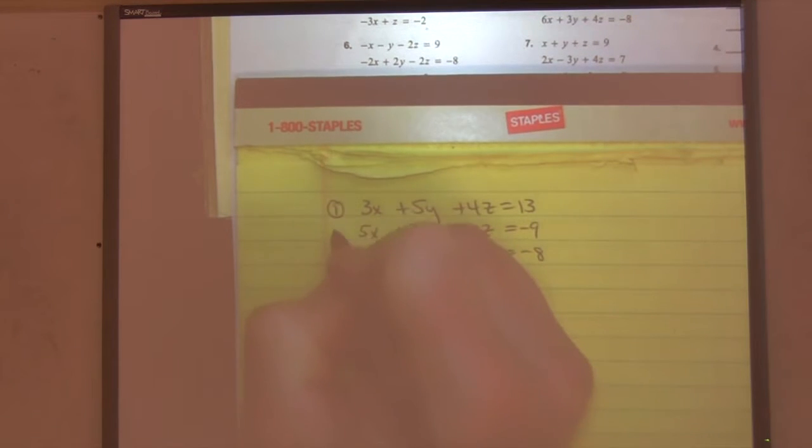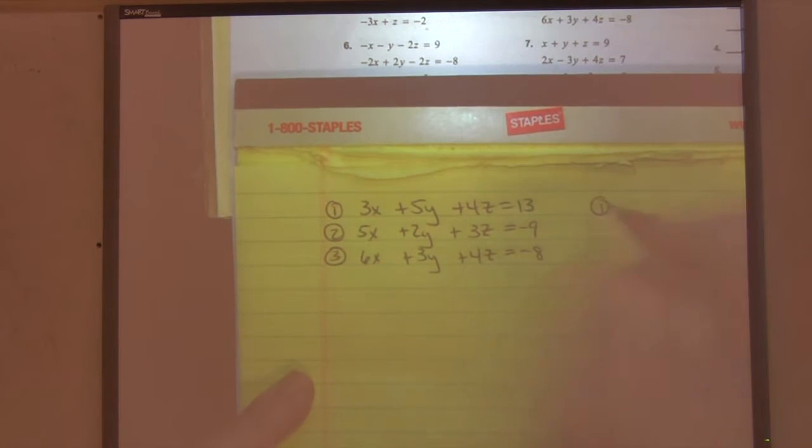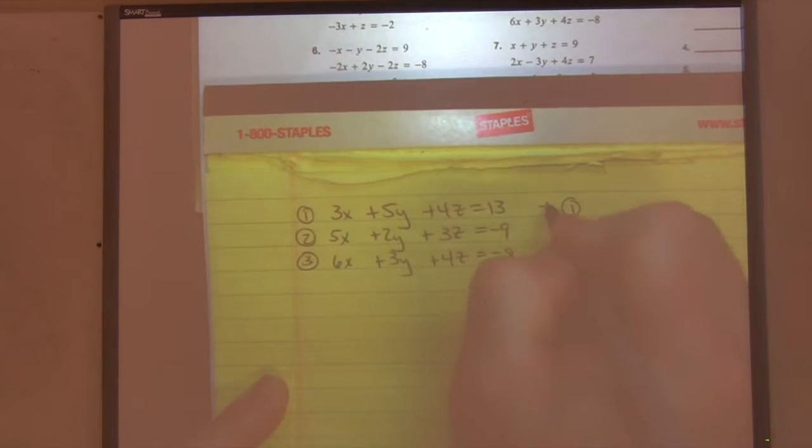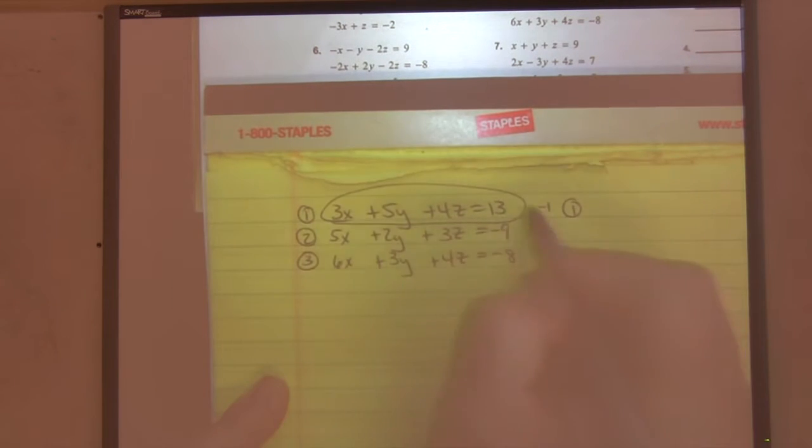So I'm going to number these equations 1, 2, and 3. And we just have to pick two of them. I'm going to pick 1 and 3 because the z's are the same in this case. And what I'm going to do then is take the first equation and multiply it by a negative 1. So that just tells me to take this whole thing and multiply everything by a negative 1. So I get negative 3x minus 5y minus 4z equals negative 13.